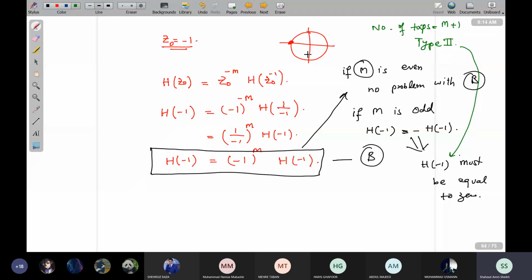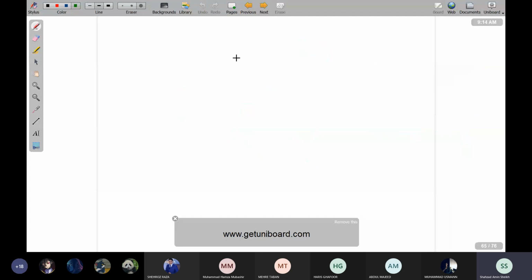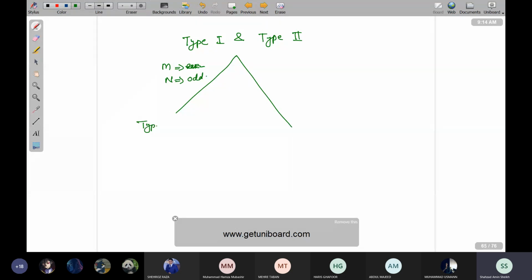So again, if we extend our discussion, we have type 1 and type 2 filters, and m even and odd. In that case, for m even, it is type 1, no restriction on h of -1.